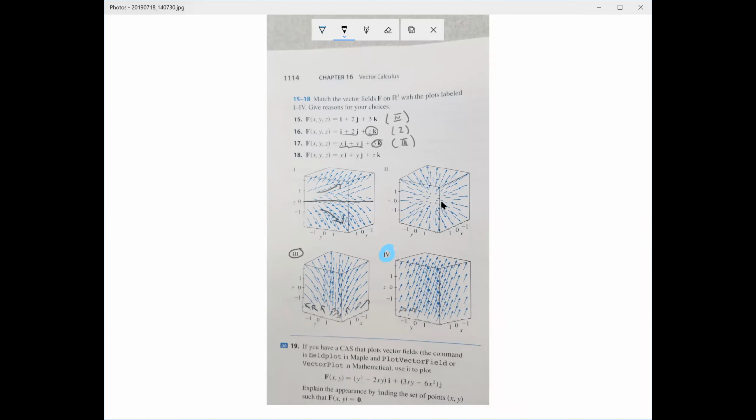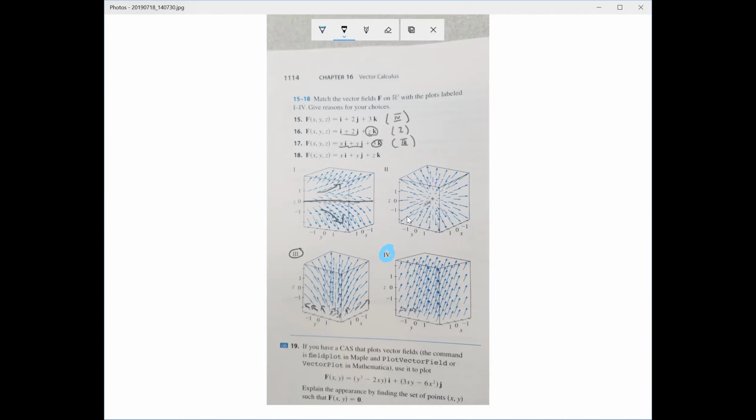Then last but not least, we have xi plus yj plus zk. And this will just start off at the origin and go based on the z values, y values, and x values. So the more towards 0 you are, the more you are going in the y direction, more this way.